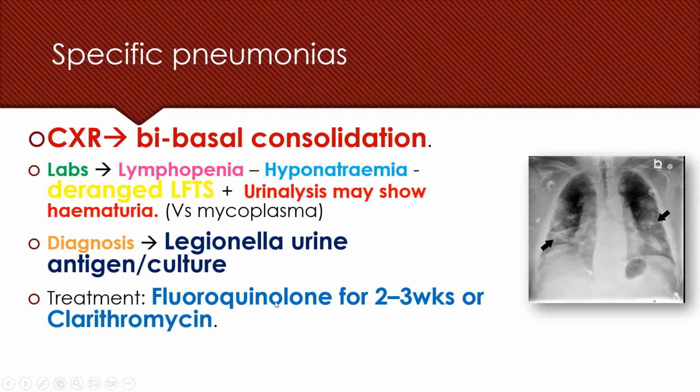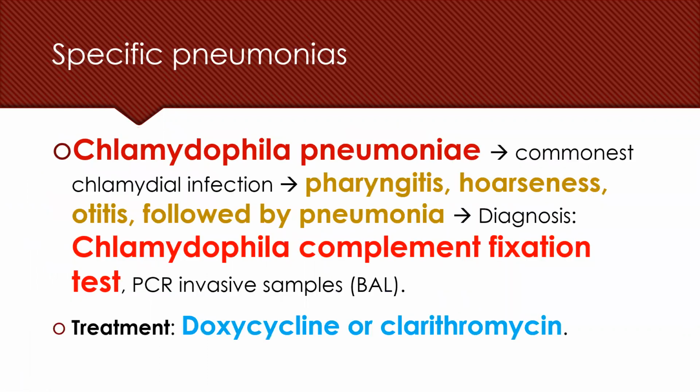Treatment is by fluoroquinolone for 2 to 3 weeks or clarithromycin. Okay, so you have to be careful about this clinical scenario. It's very important, and so is the differentiation between Legionella and mycoplasma pneumonia.